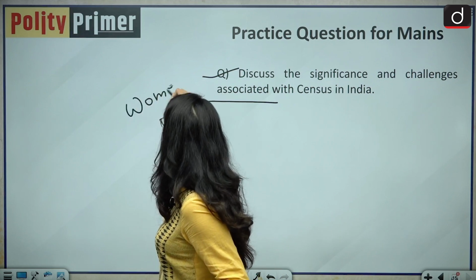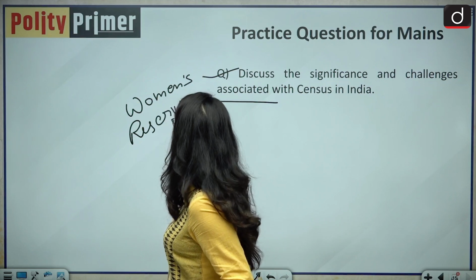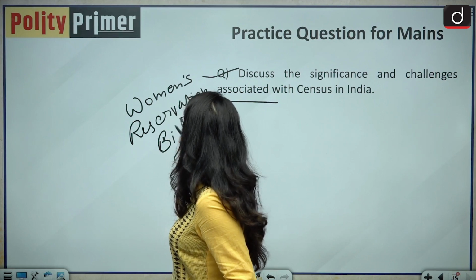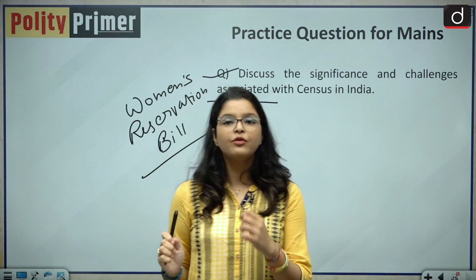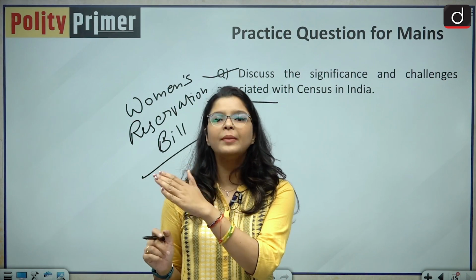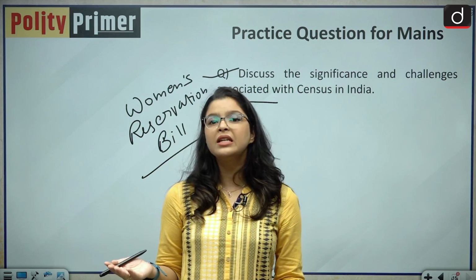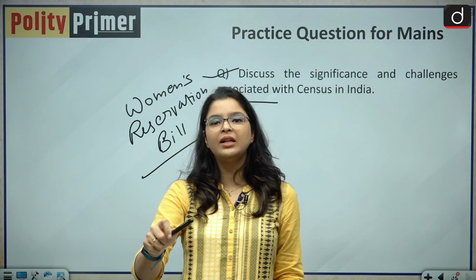The government must act proactively to conduct a census in India because the historic Women's Reservation Bill, you will mention this point, depends upon the delimitation exercise for giving representation to women in the Lok Sabha and the state legislative assemblies. We need a delimitation exercise, and this delimitation cannot happen if we do not conduct a census.